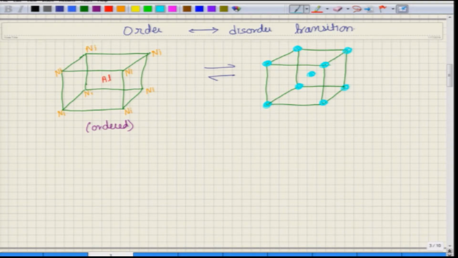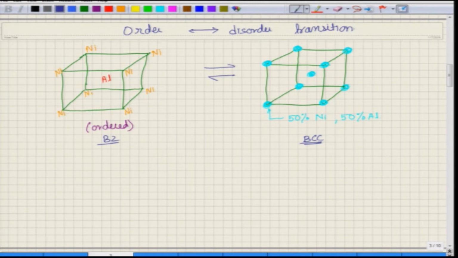And what does the blue here represent? Blue here represents that this atom is 50% Ni and 50% Al. And if you were to talk in terms of crystallography, then this structure will be B2 and this will be BCC. Okay. So, what is the difference here? Here you can see there is no designated place for Ni and Al atom.